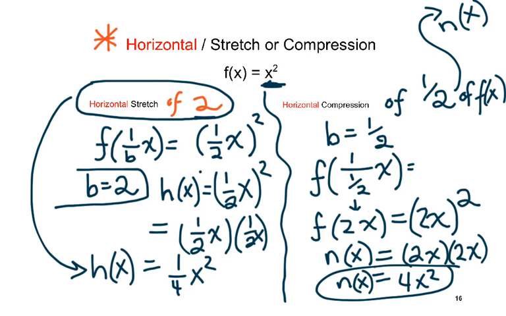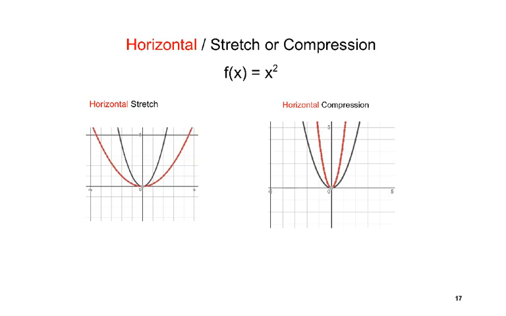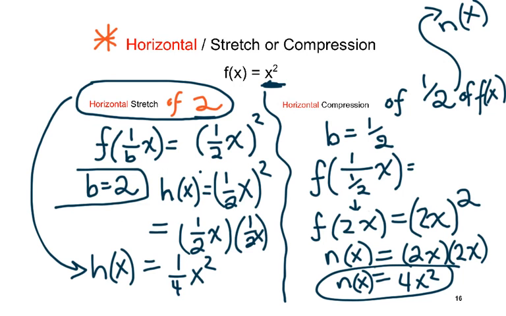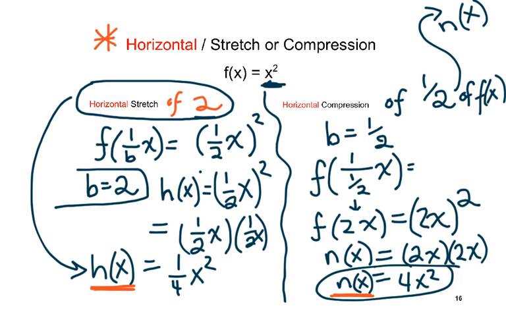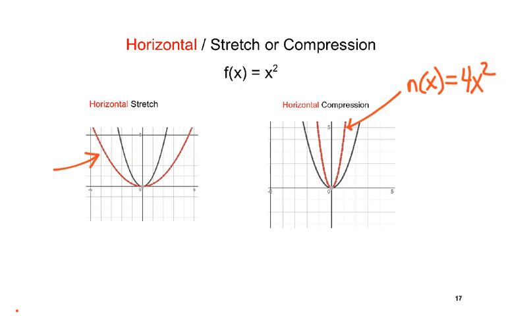Okay, all right. So the last bit I want to show you, again, over here we had defined h of x and n of x, right? h of x was a horizontal stretch, n of x was a horizontal compression. This is n of x, which is equal to 4x squared. And this one was, what did we say again? h of x, which was 1/4 x squared.